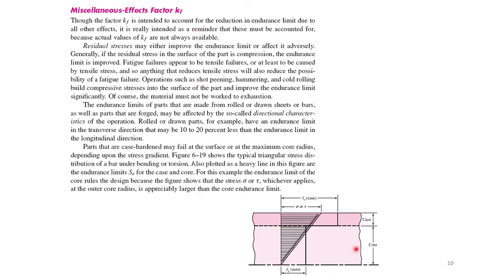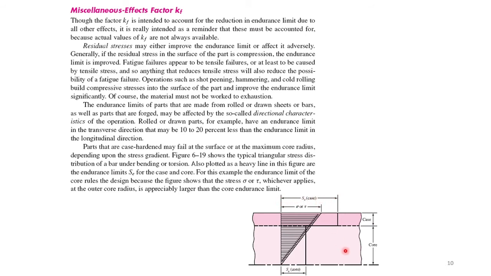Let me just explain this picture for you. This is a beam that has been case hardened. Remember the term case hardening from the diffusion topic in first-year materials. This is the core and this is the depth that was case hardened, the thickness in which you did the case hardening. So this is the value of the endurance limit of the core, from here to here, and this is the endurance limit for the case.